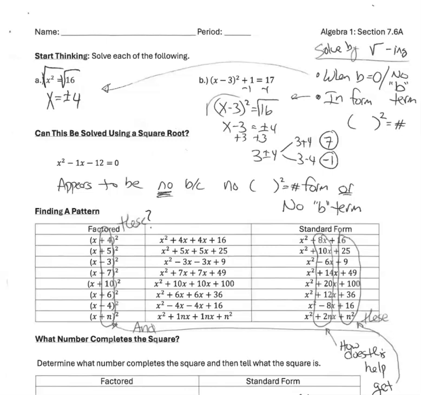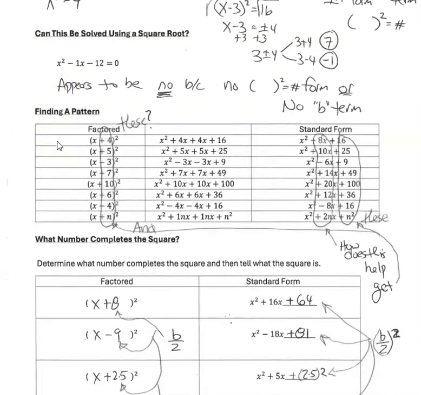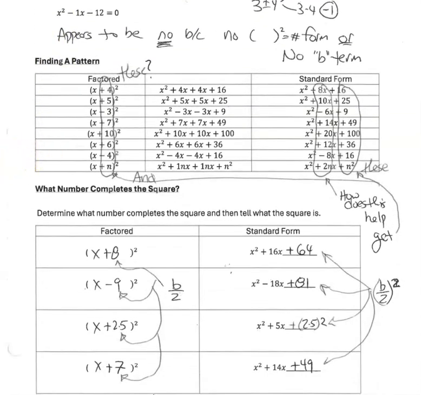So we know that it's very, very handy to be able to have an equation where you have something squared. You can see in this table here, all of the left ones are something squared: x plus 4 squared, x plus 5 squared, x minus 3 squared, all of these things squared. And if you actually FOILed that, you can see the work in the middle, and you can see what you end up getting in standard form. So there is a connection between what it looks like in standard form and what it is going to be in factored form.